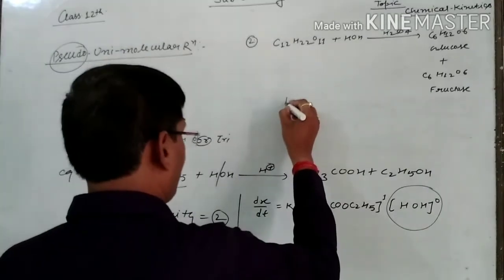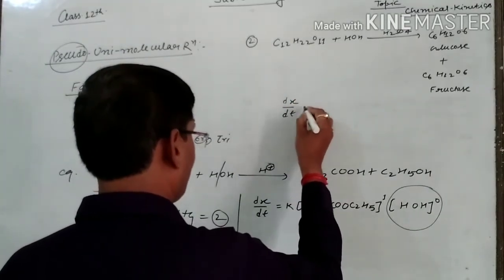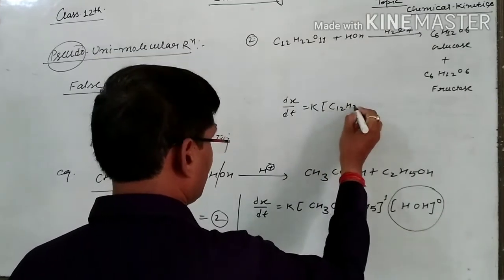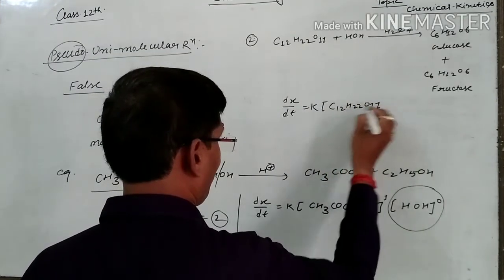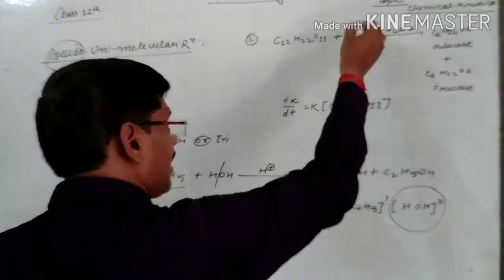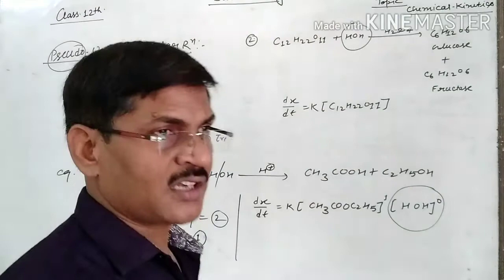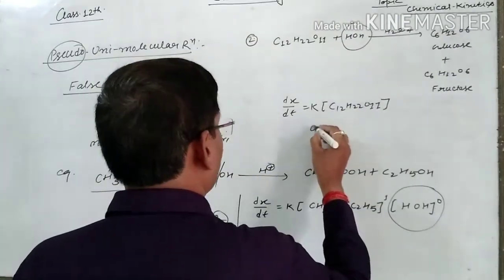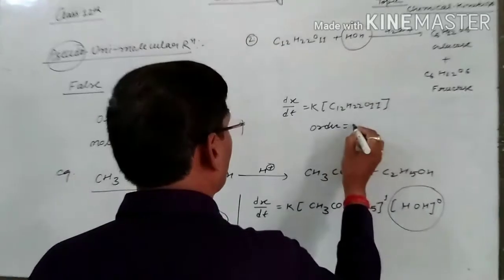By the formula, dx by dt is equal to K concentration of C12H22O11 only, because here also the concentration of water does not affect the rate of the reaction. So here order will be 1.